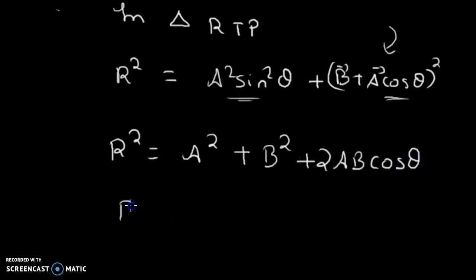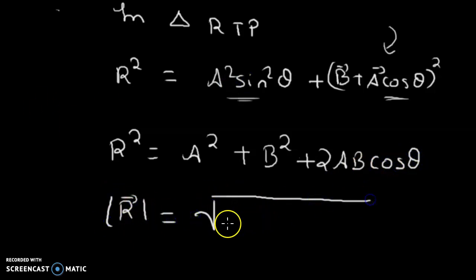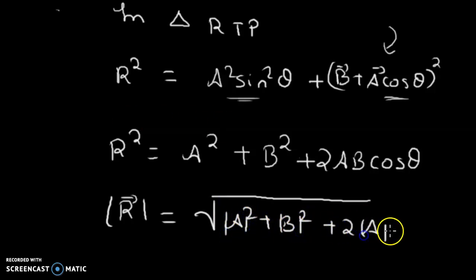So eventually the magnitude of the resultant vector would become the square root of A square plus B square, and that is actually the magnitude, plus 2AB, magnitude of A, mod A mod B, cos theta. So this would give you the magnitude, mod of the resultant vector.